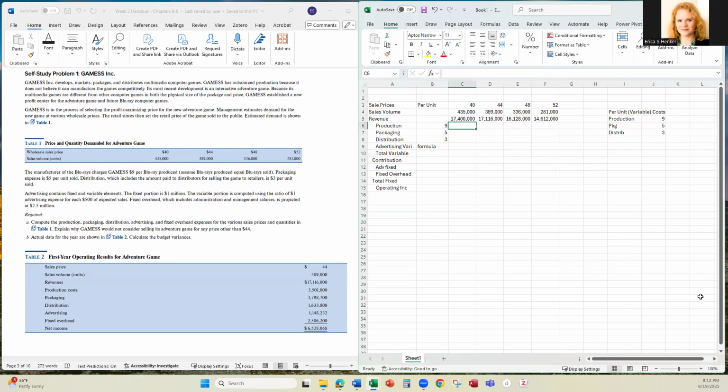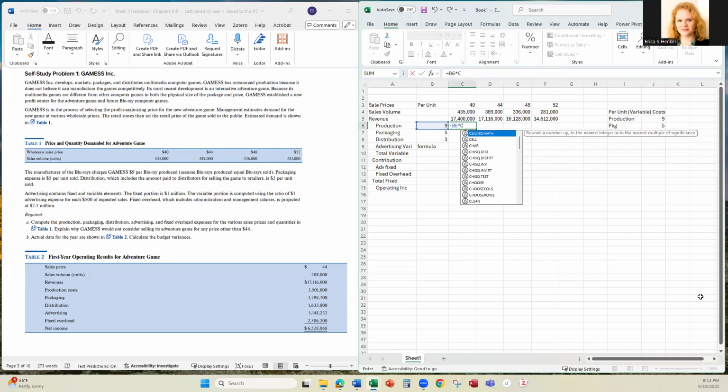So here then we're just going to put the B6 times the C4 here. And I'm going to put C dollar sign 4, which locks in on row 4, but if I drag it to the right, will move it to the right. And here I'm going to lock this onto the column here so that I can drag that to the right, but I can also drag it down.